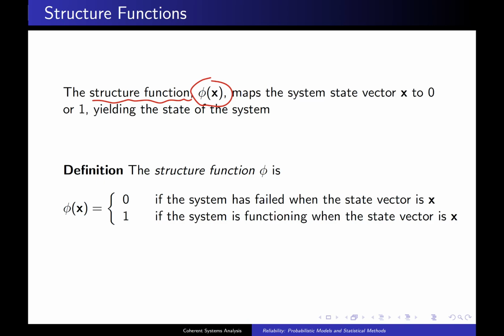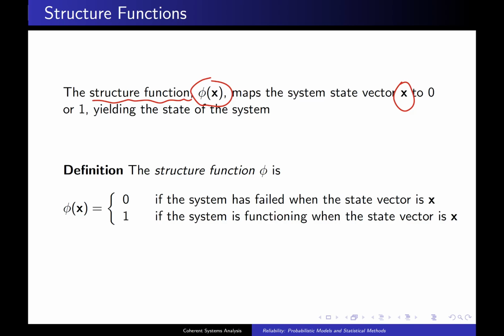So if you know all of the values in this system state vector x, might be 1, 0, 1, 1, 1, 0, 0, 1, then the structure function will map those to the state of the system.